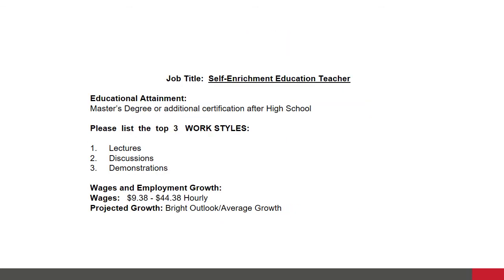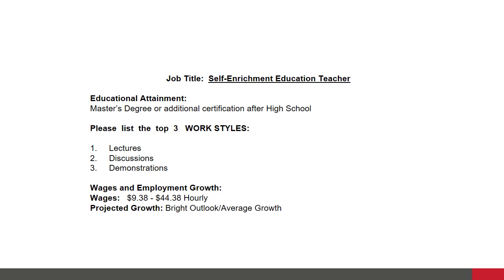The educational attainment or requirements for this particular role indicated master's degree or additional certification after high school. So I wrote that down. The next was the top 3 work styles. From the research, it indicated lectures, discussions, and demonstrations. So I wrote those down. Then that last area of wages and employment growth. The wages I looked up indicated $9.38 to $44.38 an hour.